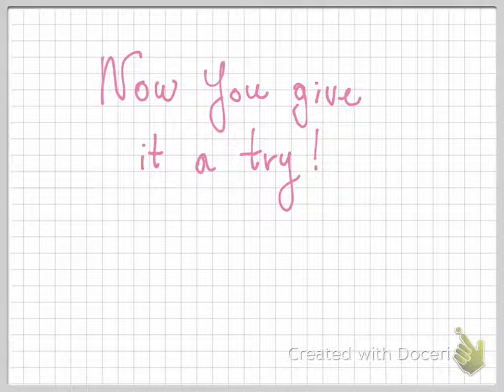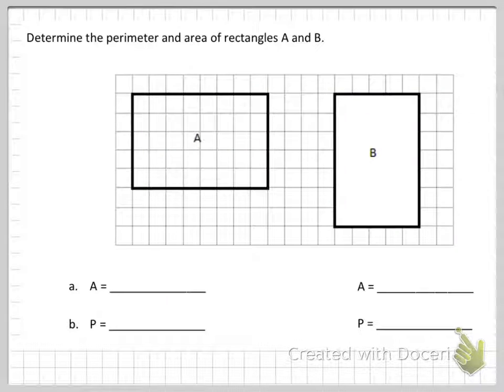Okay, guys, now you give it a try. See how well you can do this. You need to determine the perimeter and the area of rectangles A and B. And remember, when we're doing this, you're going to count how many are on each side to figure out what is the width and what is the length.